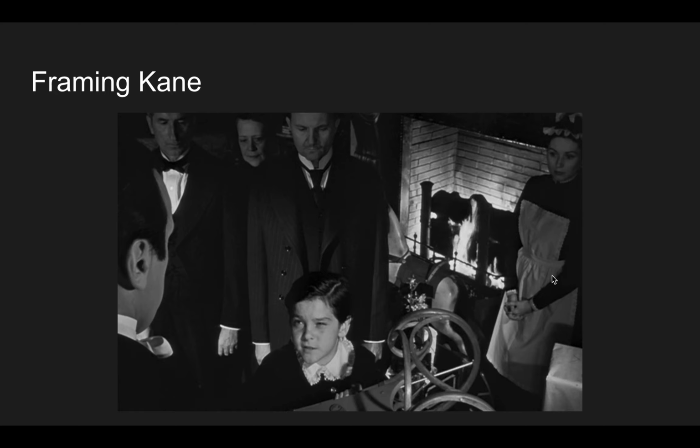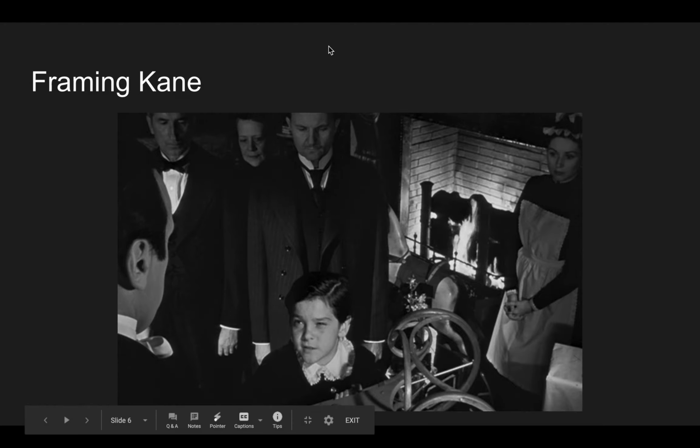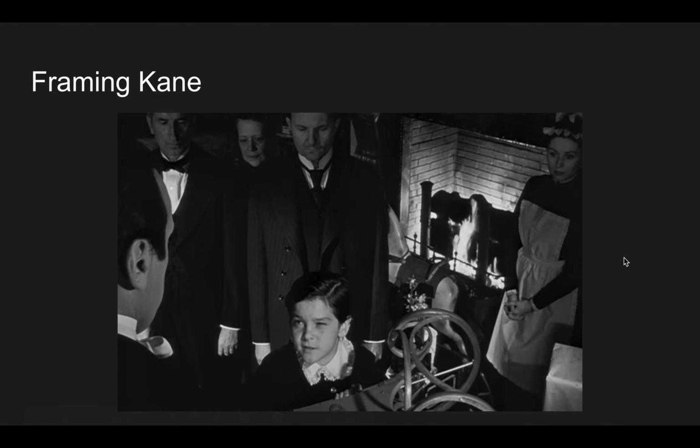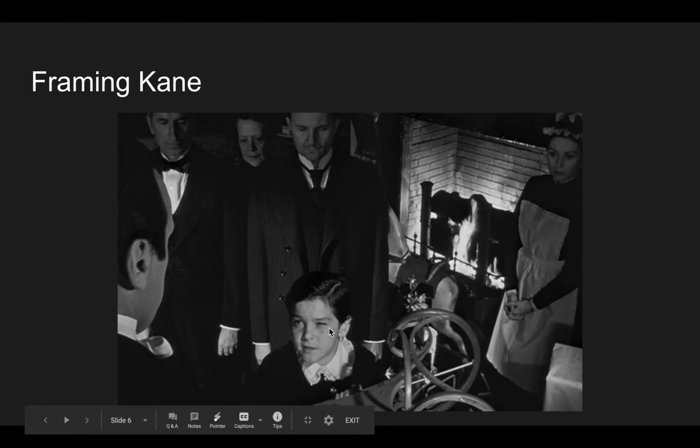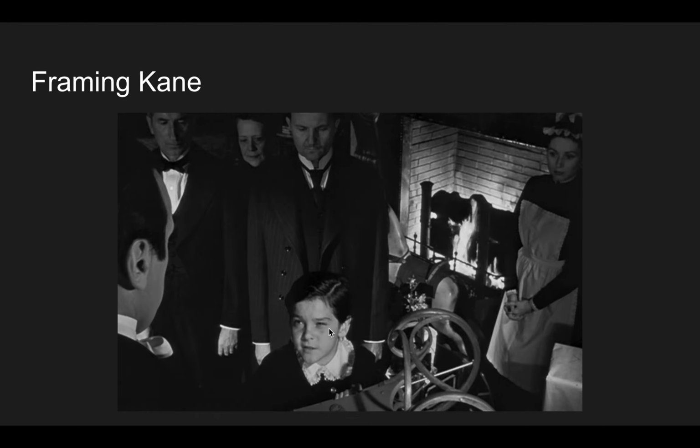They are trapping Charlie within this frame. Okay, he has nowhere to go. He can't get out this way. He can't get out this way. So within the frame, he's completely blocked in. This is a great example of blocking. Okay, and the importance of blocking in terms of cinematography and where characters are in the frame. Little Charlie here again is caught in the middle of things and has no control.